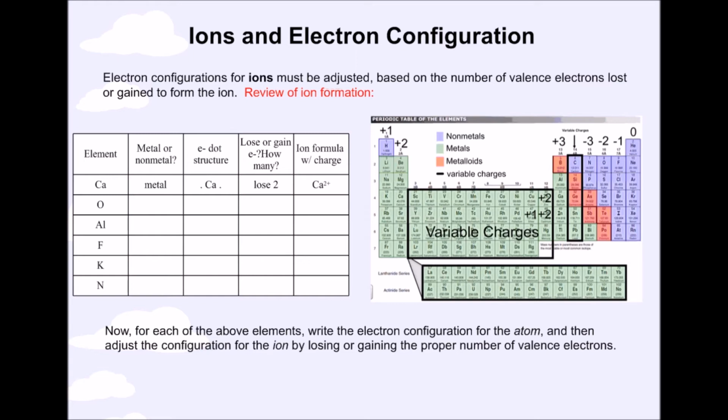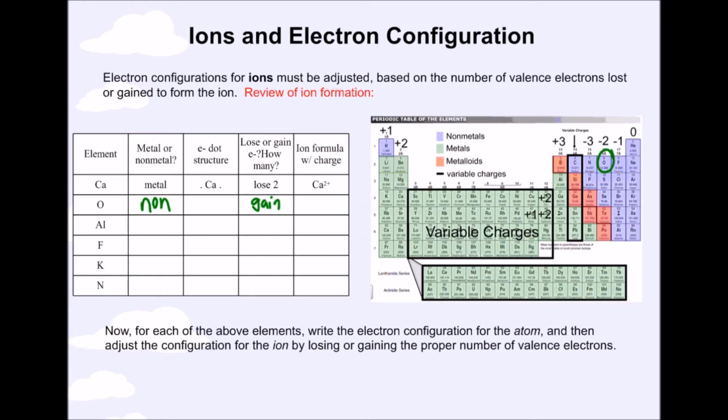So calcium, it's a metal. Its electron dot structure would have 2 dots because it has 2 valence electrons. It's going to lose its electrons in order to form Ca2+. All right. Oxygen, on the other hand, is a nonmetal. Nonmetals will gain electrons in order to form 8 electrons total.